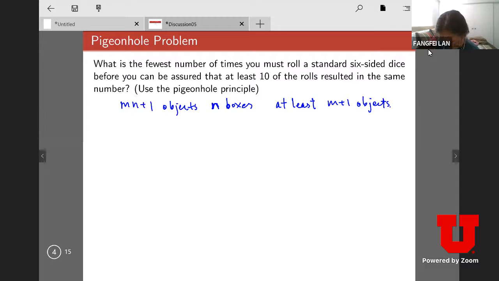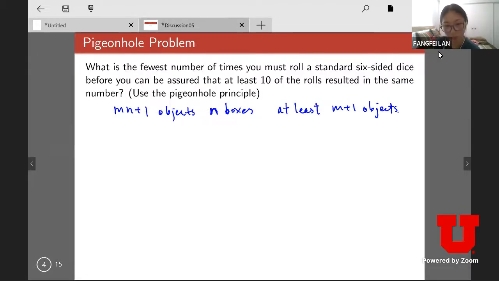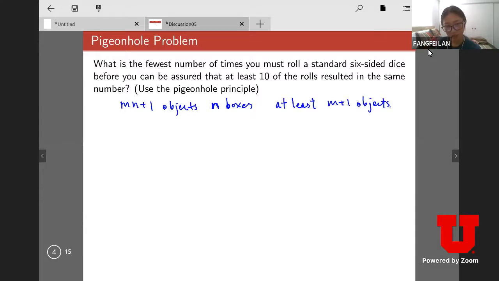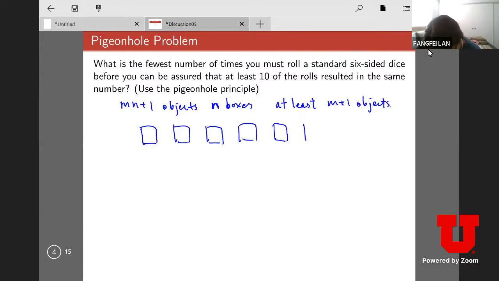So n boxes, we have a 6-sided dice, and that should be our 6 boxes. Is that obvious to everyone? Because there's 6 possibilities, right? You roll a dice, you can only have 6 numbers, 1 to 6. So 1, 2, 3, 4, 5, 6.